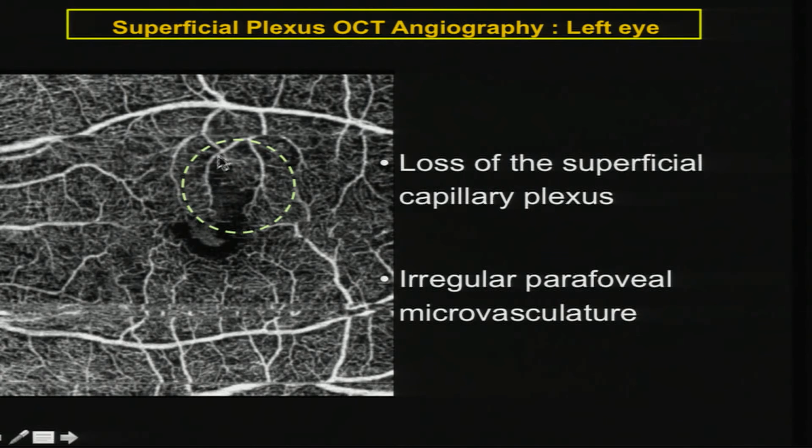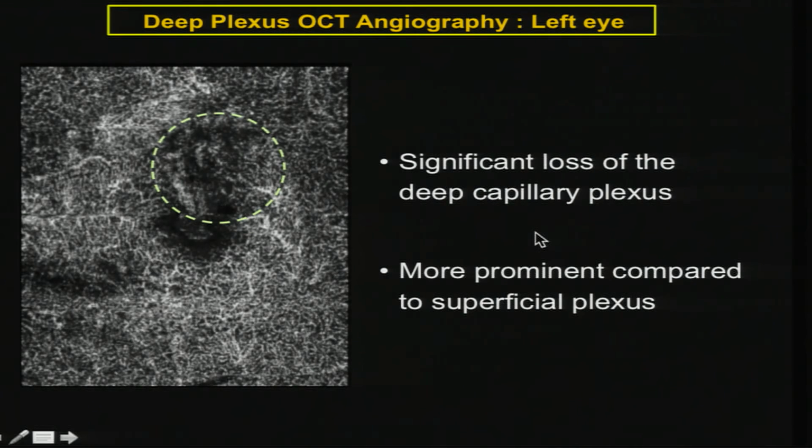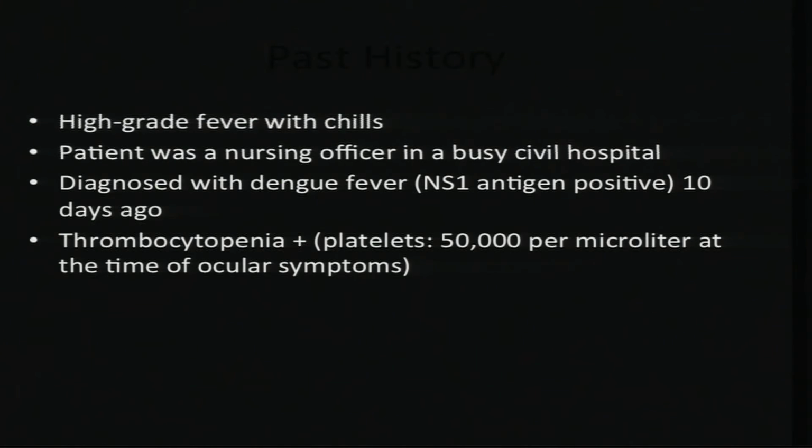OCT Angio showed loss of superficial capillary plexus with irregular parafoveal microvasculature and significant loss of deep capillary plexus. This loss of capillary plexus on angio OCT too is seen in dengue maculopathy, and that is why some of the patients, despite steroids, do not improve vision.